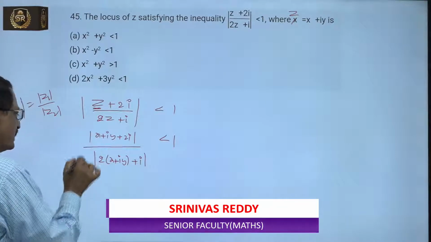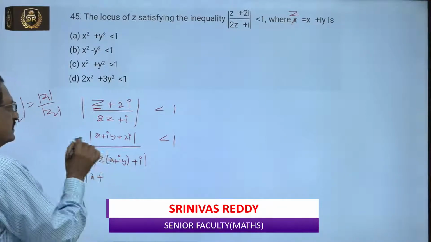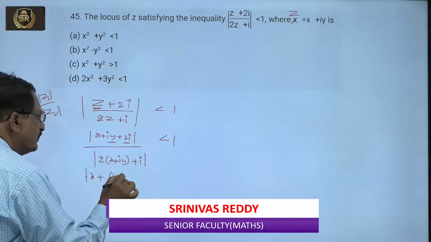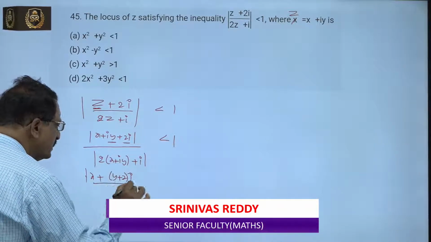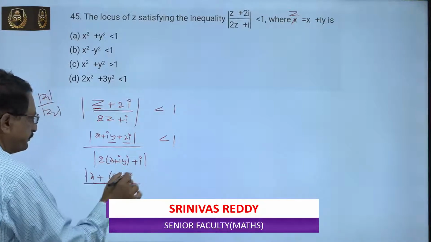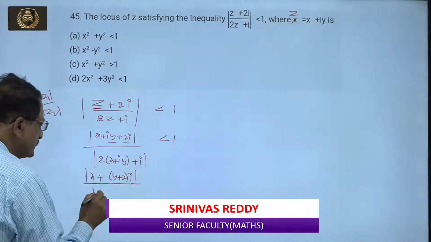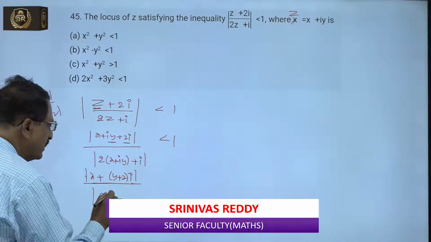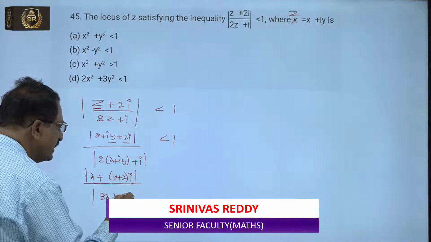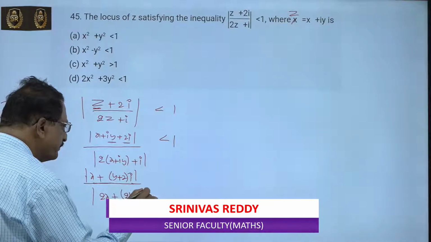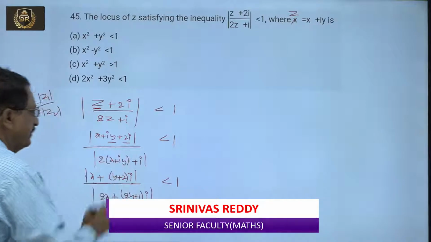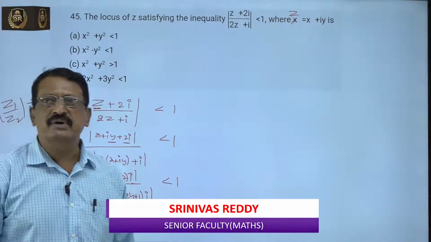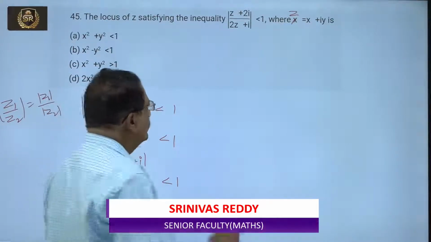Now the numerator can be written as mod of x plus iy plus 2i, taking y common, (y plus 2) of i, and in the denominator 2x plus 2iy plus i, taking common, we get (2y plus 1) of i, and it is less than 1. But what is the modulus of a complex number? Square root of real part square plus imaginary part square.